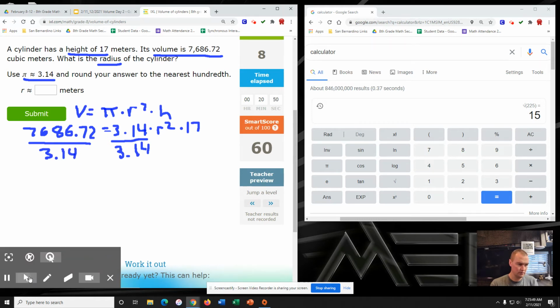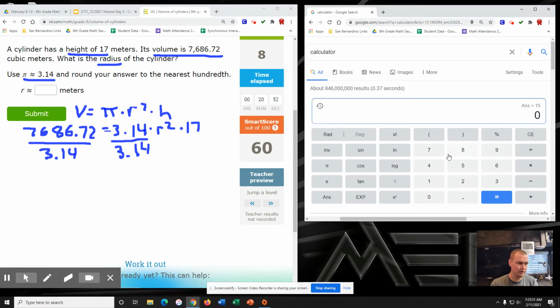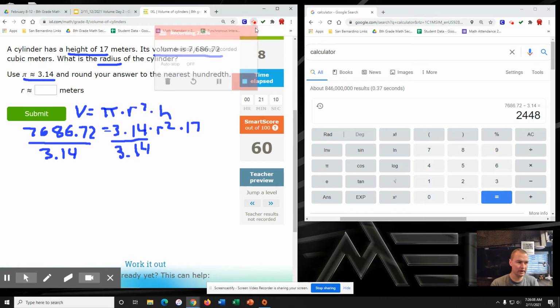All right. So now, clear off the calculator. Type in the entire volume of 7,686.72. Divide pi, 3.14. We're going to cross our fingers for a whole number. And that's a good sign that we're on the right track.